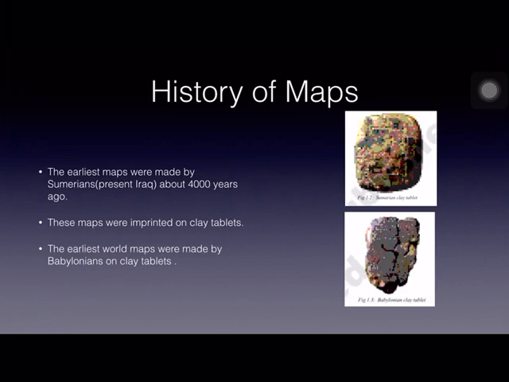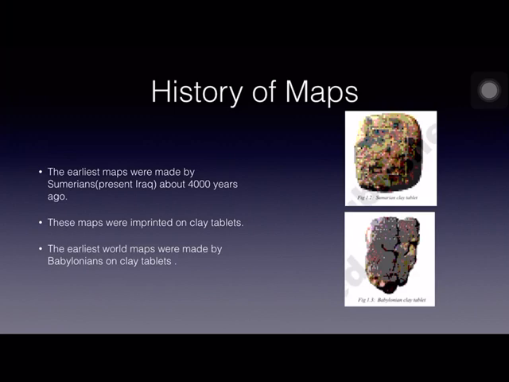Now, history of maps. What is the history of these maps? Maps have a long history, and the earliest maps were made by the Sumerians. In ancient times it was called Sumeria, but at present it is Iraq. You might know Iran, Iraq. The present Iraq was called Sumeria in those days.